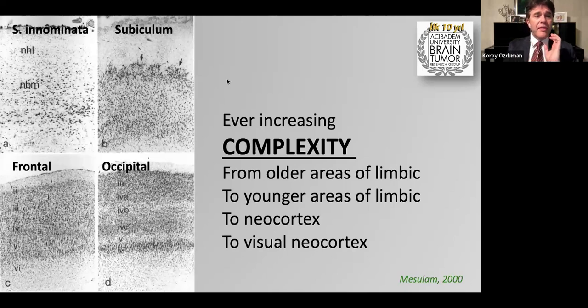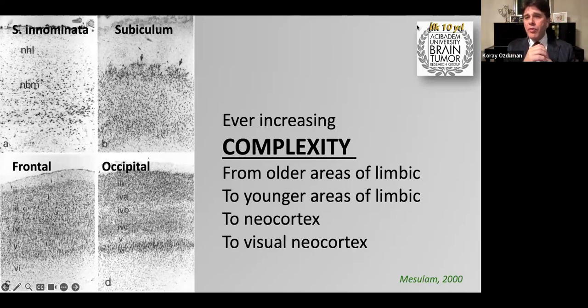Let's look at the picture here from the substantia innominata, the cortical portions of the brain that are located just above the middle cerebral artery, where the anterior perforated substance is located, and this area we call the substantia innominata.